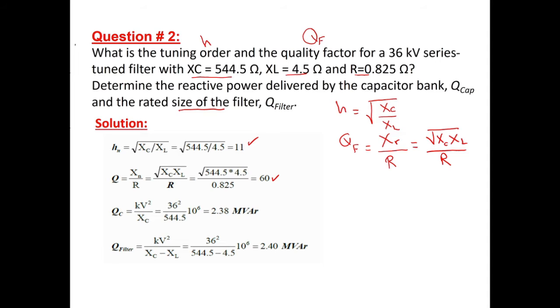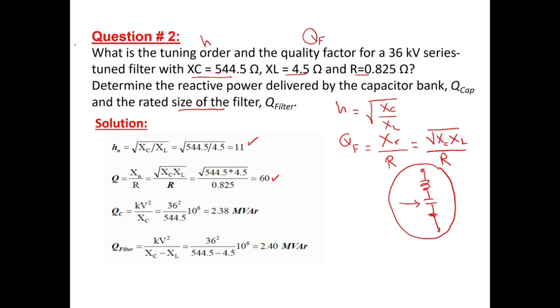So we would like to calculate Q for the capacitor bank and the rating of the filter, because again the filter consists of L, C and R. So we would like to find the reactive power delivered by C, and then the size of the whole filter, so what will be the Q for the whole filter?